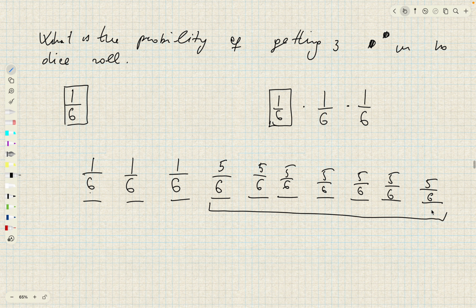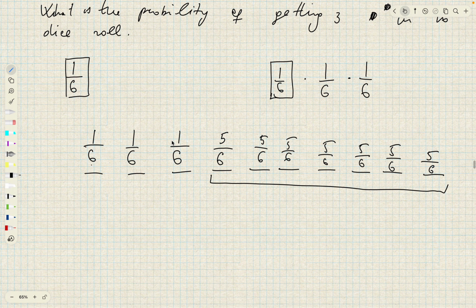Seven times we shouldn't get two, we multiply the probabilities of not getting two seven times, and three times we should get two, we multiply the probability of getting two three times. Then we can simplify it as 1 over 6 to the power of 3 multiplied by 5 over 6 to the power of 7.